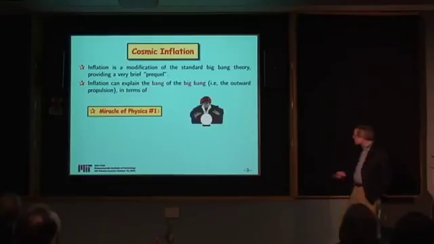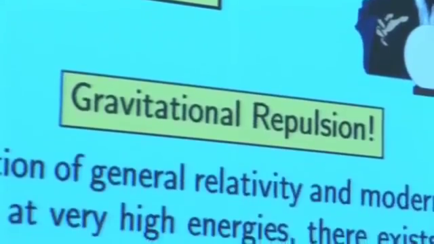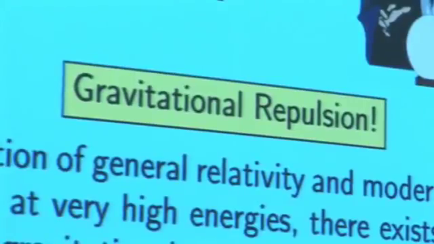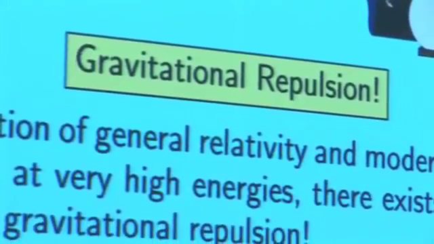And the first is the miracle of repulsive gravity. Gravity is not always attractive, but gravity can act repulsively. And this is known in the context of general relativity. Einstein himself made use of it in his earliest model of the universe, in which he introduced this cosmological constant to produce a repulsive gravitational force, which would prevent his universe from collapsing.